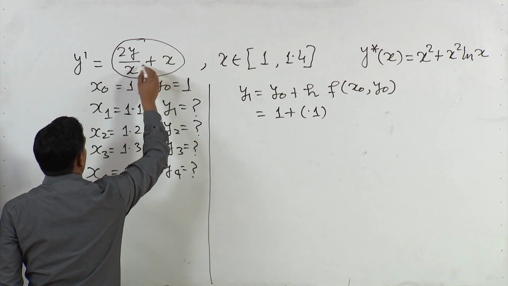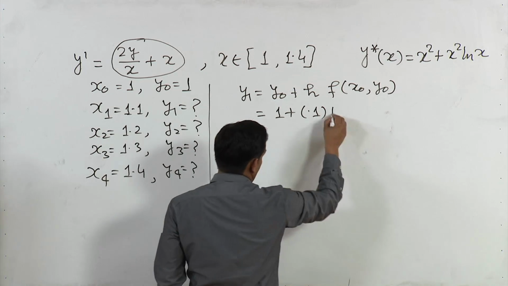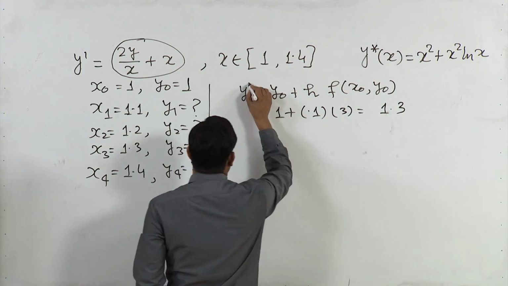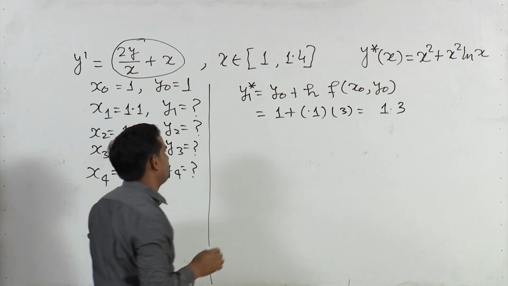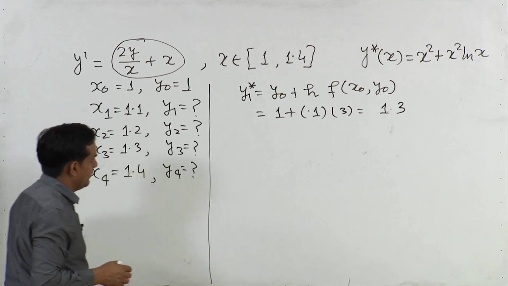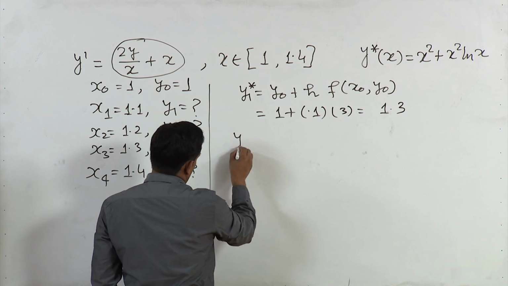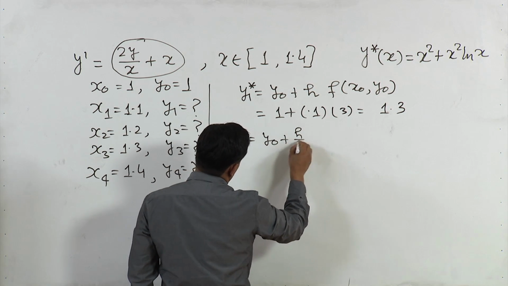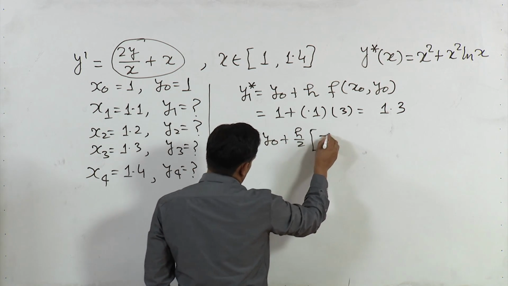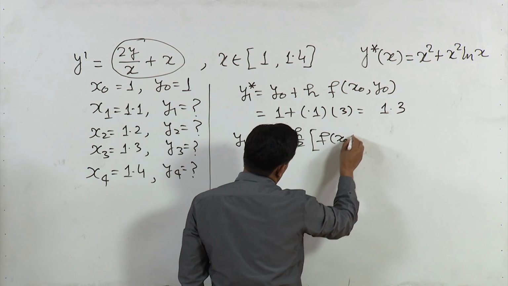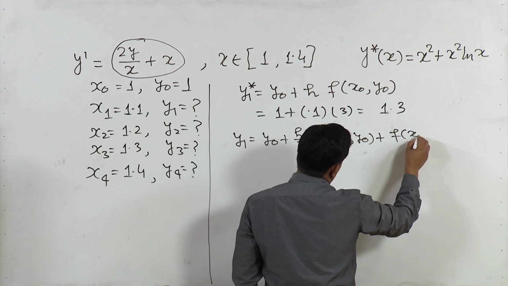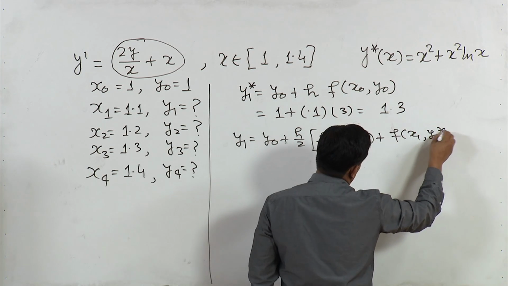So, 2 upon 1, 2 plus 1, 3. So, it is coming to 1.3, and this is the predicted value. Now, I will correct this value. So, y1 will be y0 plus h by 2 into f of x0 y0 plus f of x1 y1 star.